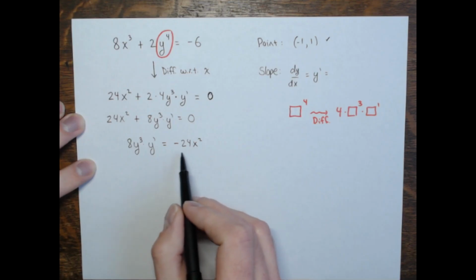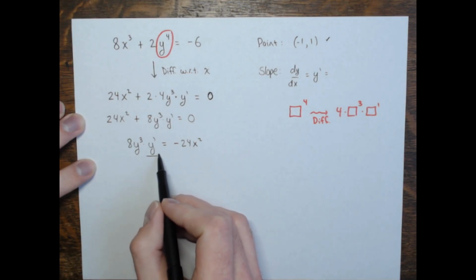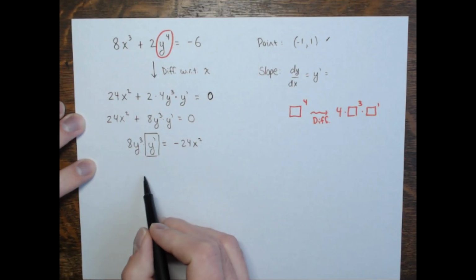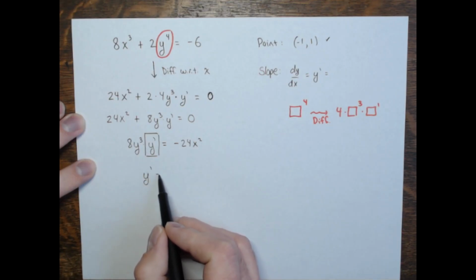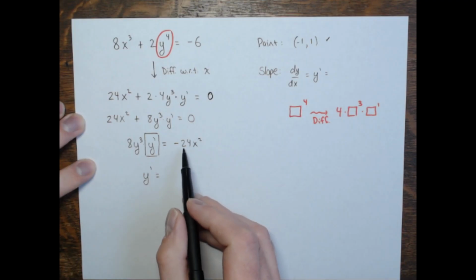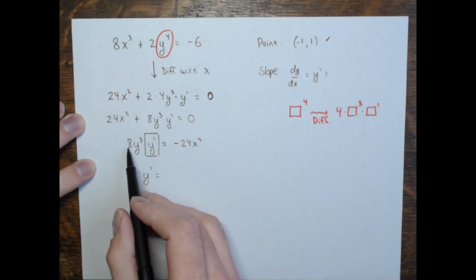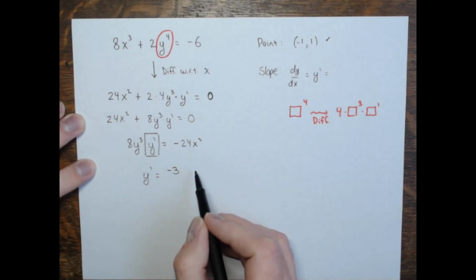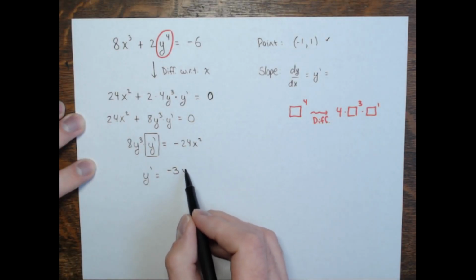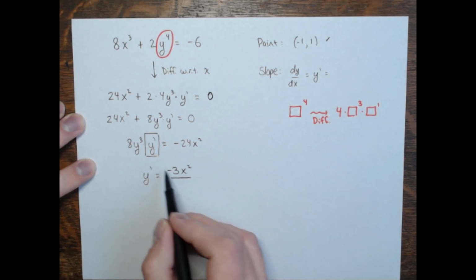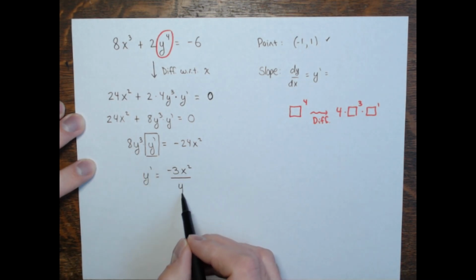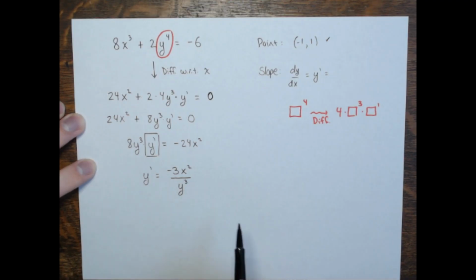And then divide both sides by 8y cubed. That'll get y prime by itself. So y prime would be now negative 24 divided by 8, which is negative 3 in the numerator, and then you've got x squared still there. And then if I divide by this, that'll put y cubed in the denominator.